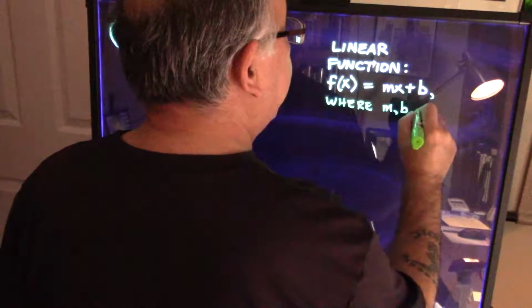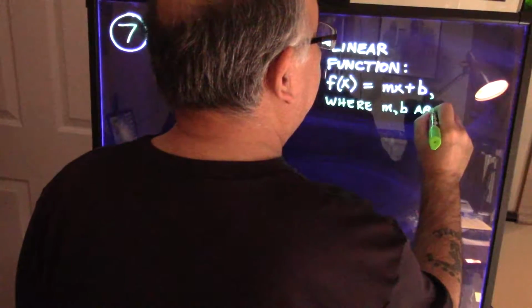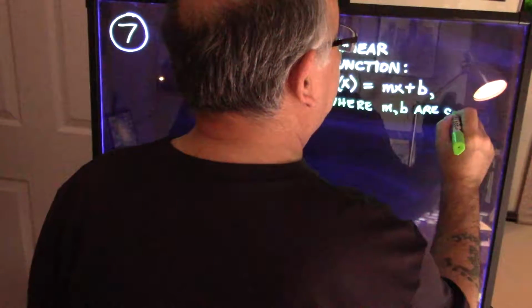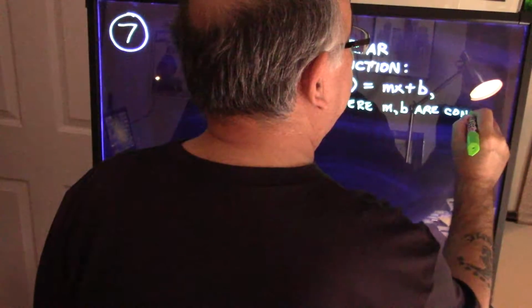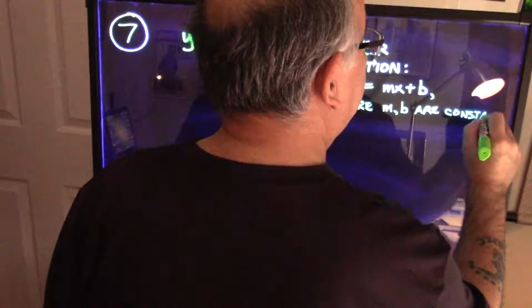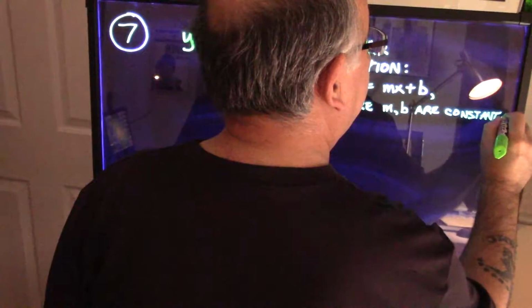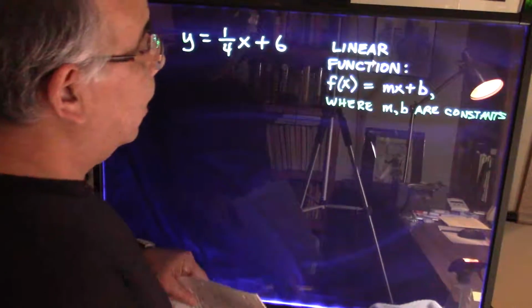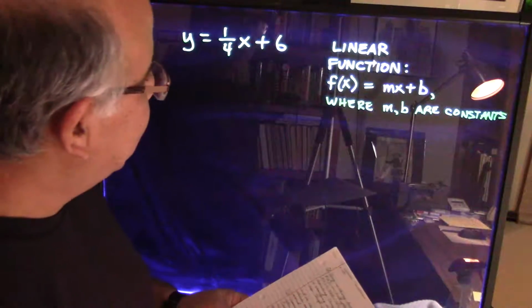So m and b are just real numbers. Okay, so that's a linear function.